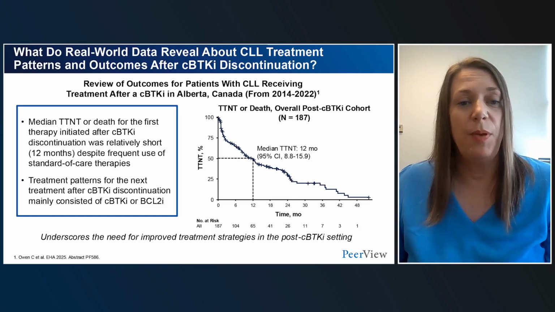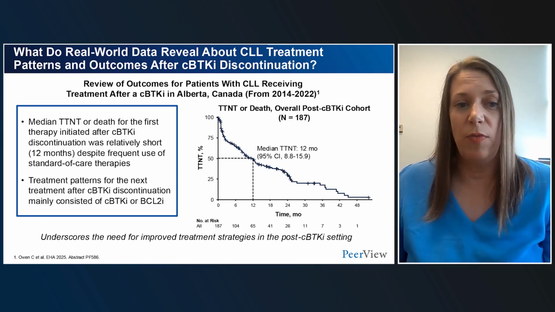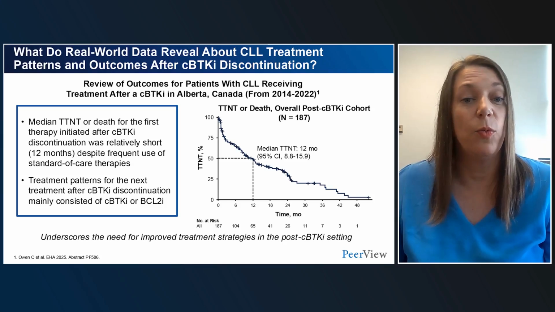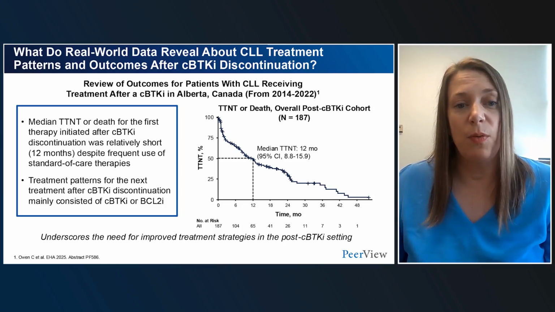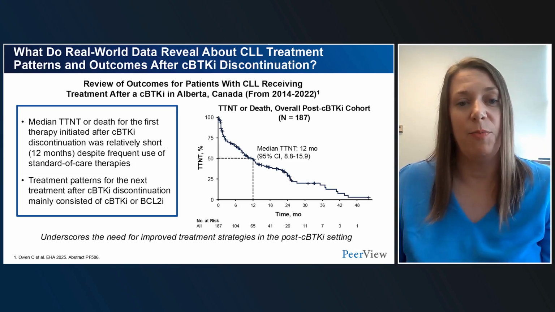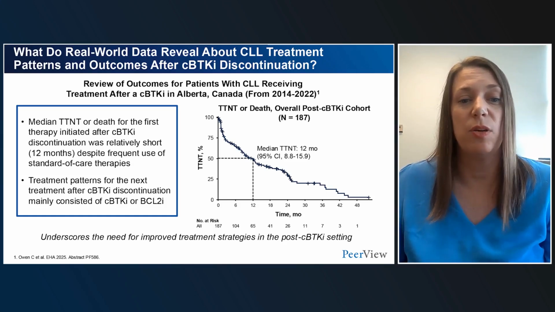And these were some patients who progressed while taking that covalent BTK inhibitor, some who had likely discontinued for other reasons, but showing us that we really still need to both do work to increase the options available for relapsed refractory CLL, but also do more work in education to make sure that people have plans for how they're going to sequentially treat patients in their practice.